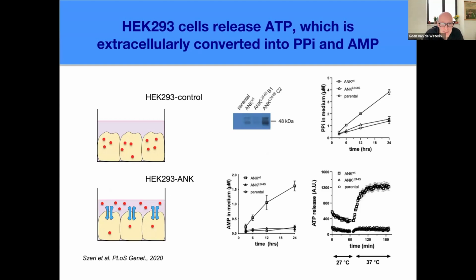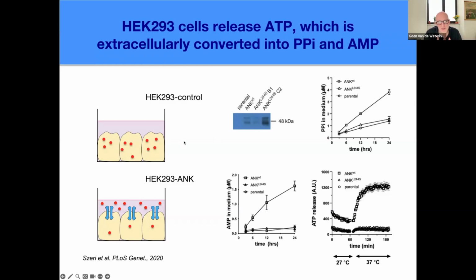So we wanted to test, does ENK indeed, as we hypothesized, transport ATP out of the cell into the blood? And we did not immediately go to animal models. First, we studied cells that we cultured in a Petri dish. And what we did is we compared cells that did have ENK with cells that did not have ENK.